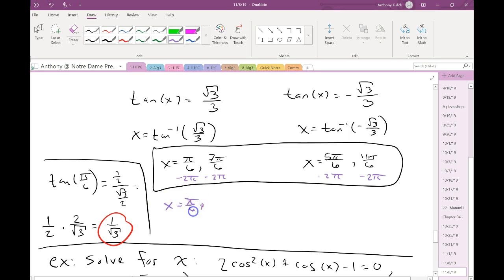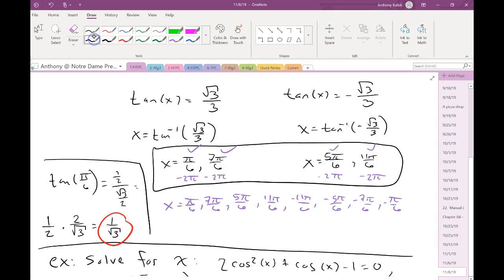I'm going to have my 4 positive ones. And then I'm also going to get negative 11 pi over 6 from this one. I'll get negative 5 pi over 6 from the next one. I'll get negative 7 pi over 6 from that one. And negative pi over 6 from that one.